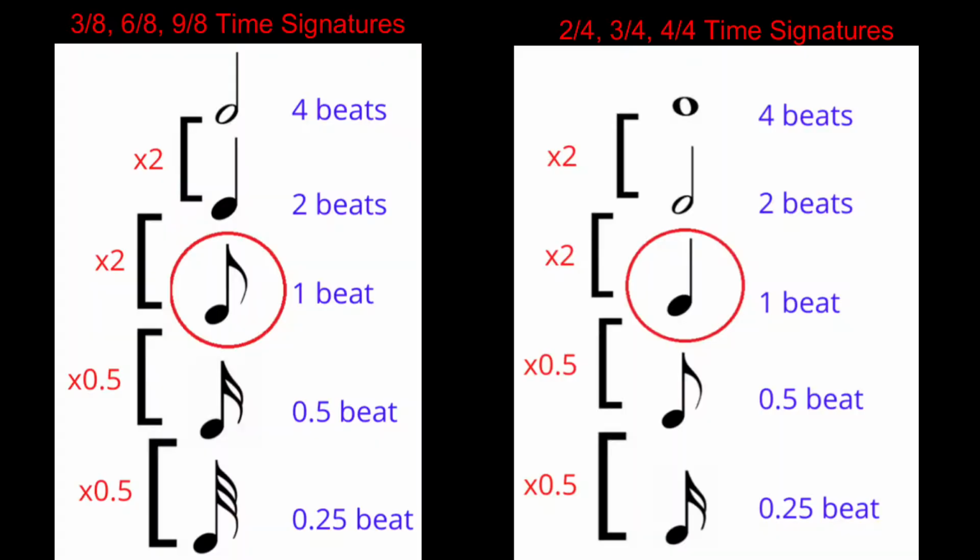But before we close the video, let's actually compare the 2 time signatures. Let's take a look at the 4 time signature, so 4/4, 3/4, 2/4. Let's take a look at the notes, the amount of beats there, and let's take a look at the 6/8 time signature, or 3/8, 9/8, whatever you would like, with an 8 as the lower digit, and let's compare them.